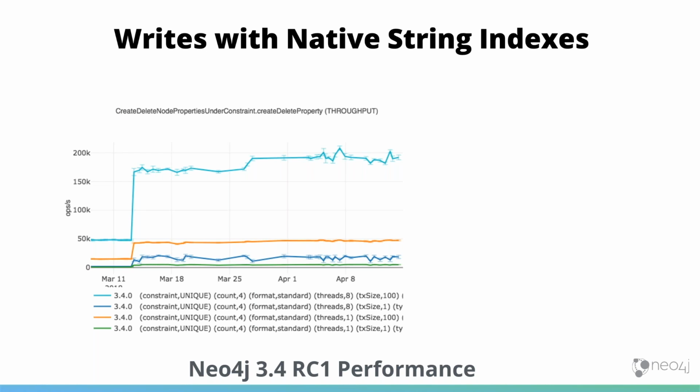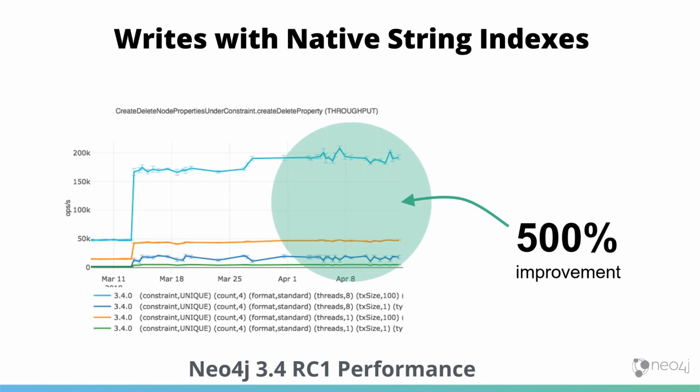We look at 3.4 and its overall base level performance, and you can see the top level blue line is when we added the native string indexing capabilities into the environment, and we saw a 500%, or 5x, improvement in write throughput and write performance. So I think folks are really going to enjoy the fact that our engineering staff have been really focused on eking out the best and optimizing the overall environment for Neo4j.